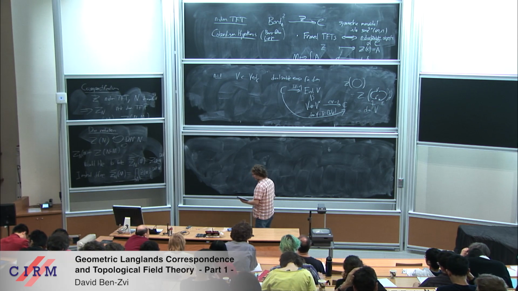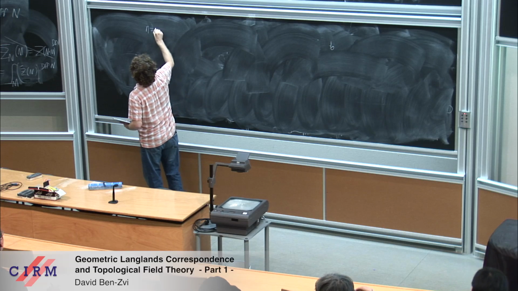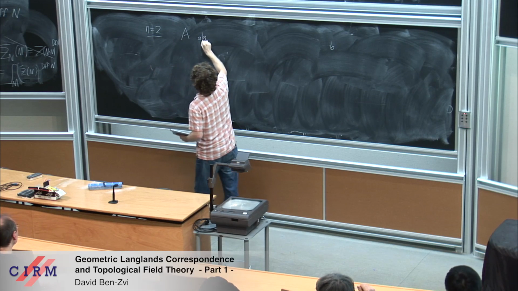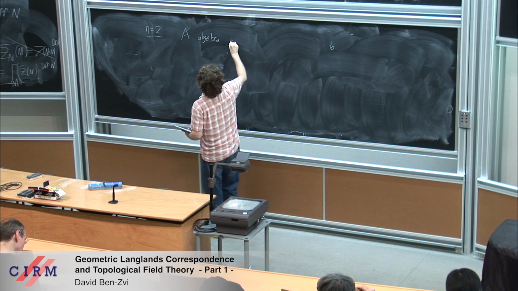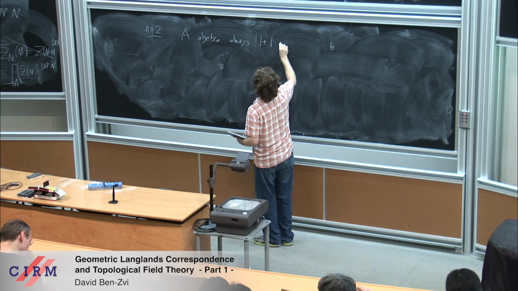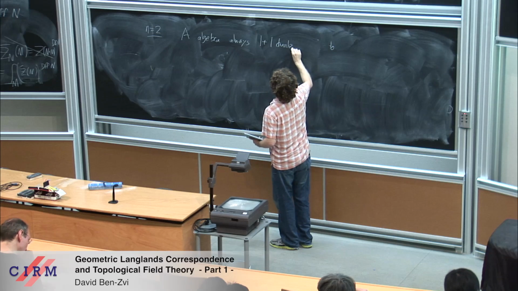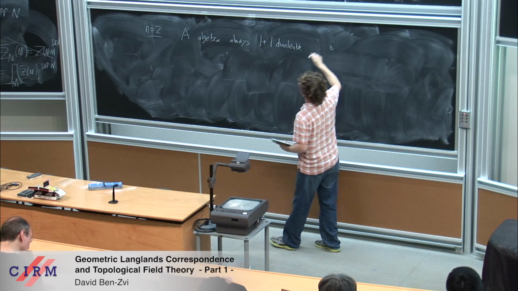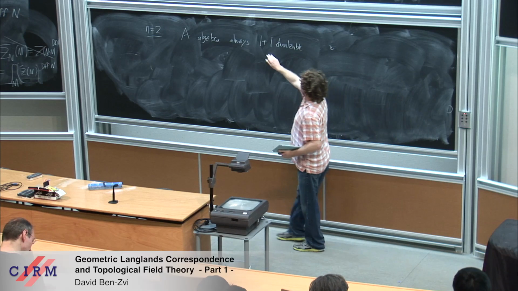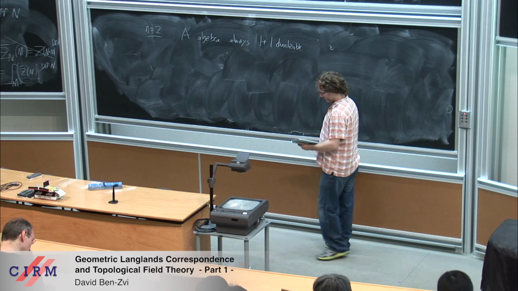Here, where n equals 2, an algebra A is always one-dualizable. So again, I'm thinking about this as being 1 plus 1. I'm thinking of it as an object in a 2-category. It doesn't necessarily make it to 2 dimensions, but it's always one-dualizable.